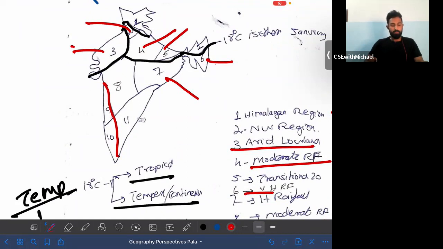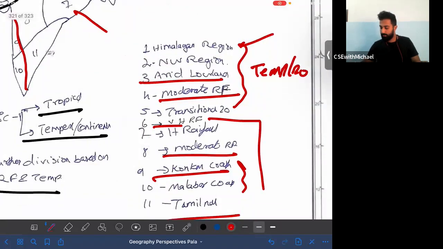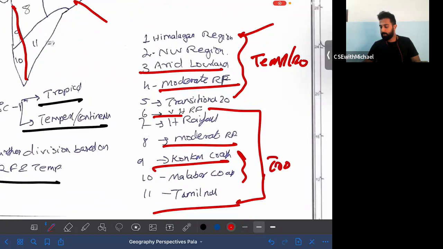And the divisions are as I have given. Up to 5 is the temperate continental zone, and from 6 to 11 you have the tropical zone.